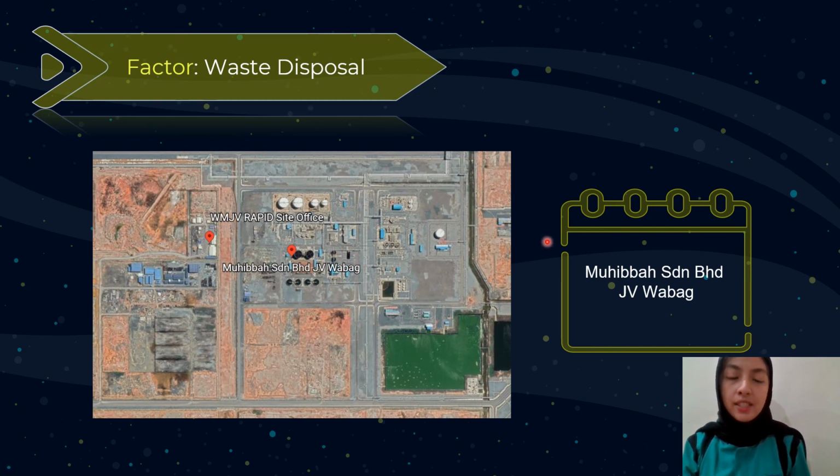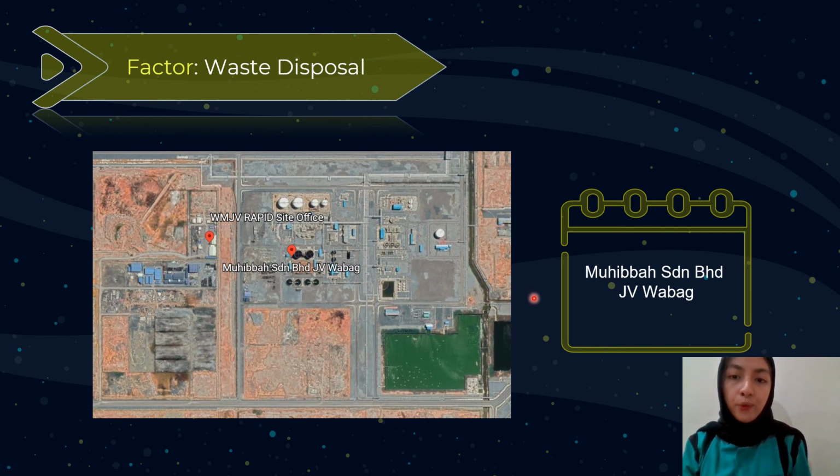This is because in the future, the wastewater coming from our plant will be directly discharged here, and therefore we can guarantee that we won't discharge our wastewater into any nearby river.